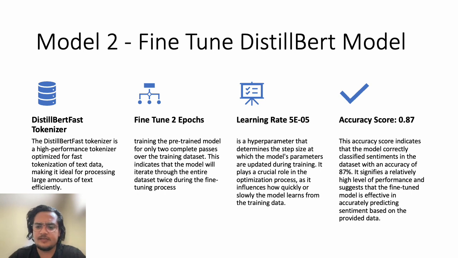The model achieved an accuracy score of 0.87, a substantial leap from our initial logistic regression model. This demonstrates the power of advanced transformer-based models in extracting more complex patterns and delivering superior quality results in sentiment analysis tasks.